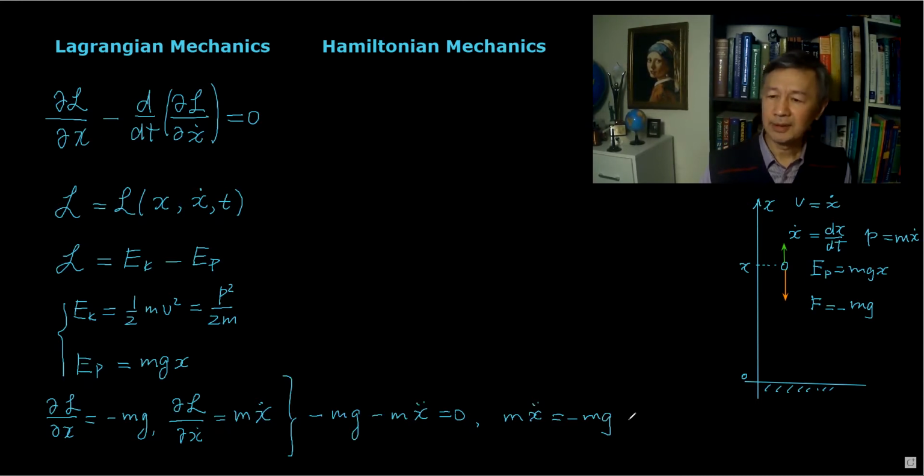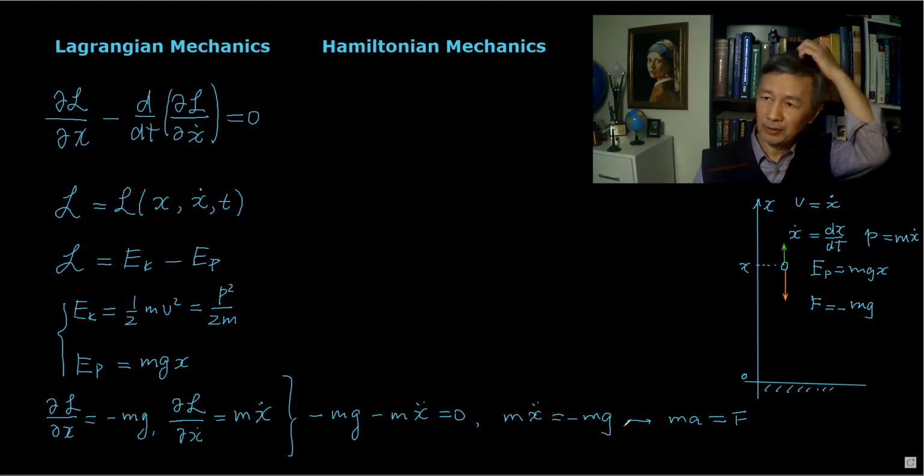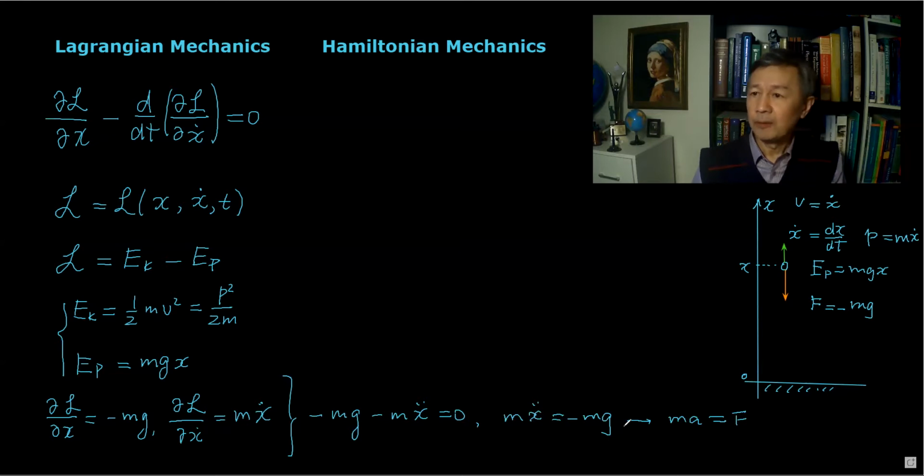So this is exactly Newton's second law, ma equals F. From this simple example, you can see that Lagrangian mechanics, although it's very general and versatile compared with Newton's second law, is equivalent to it. So Newton's second law is at the core of this generalized analytical mechanics.